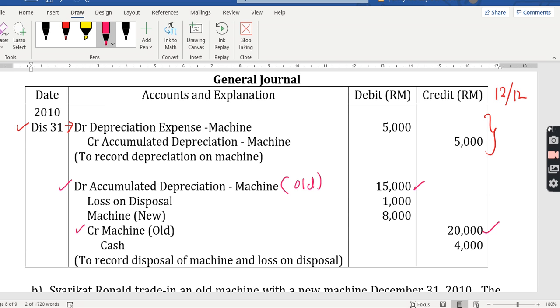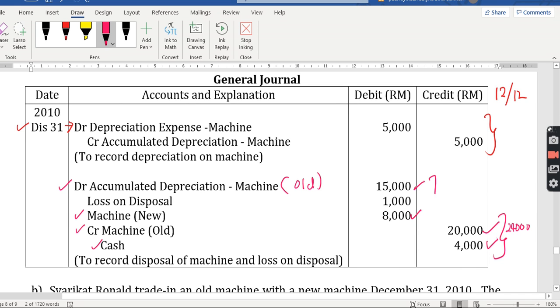I beli mesin baru. So mesin baru, that means saya akan debit 8,000 ringgit. And just now you calculated, you kena top up. You need to pay additional 4,000 in order to get the new asset. So saya akan credit cash 4,000 ringgit. Okay, so as you can see here, on the credit side, you have 24,000 ringgit.